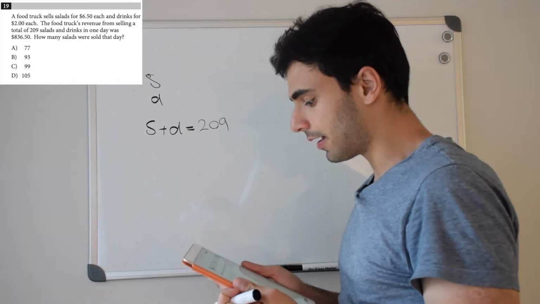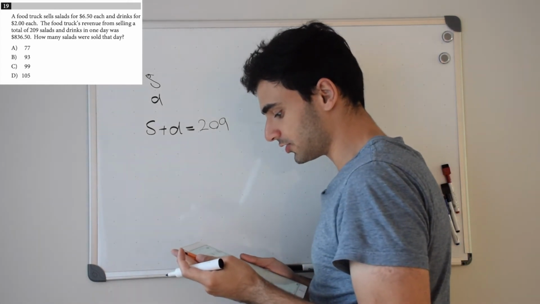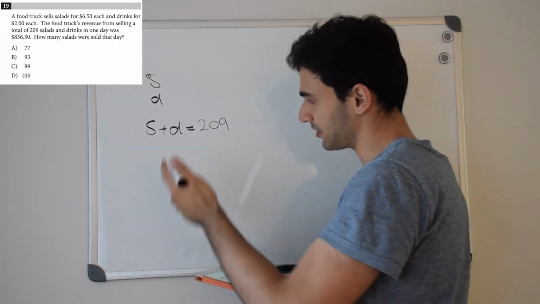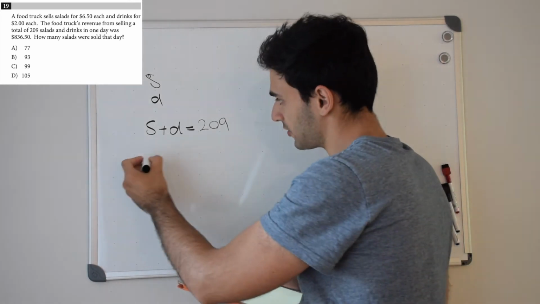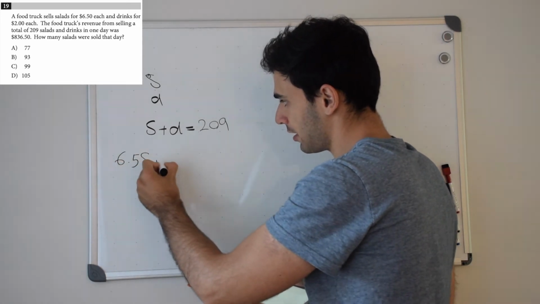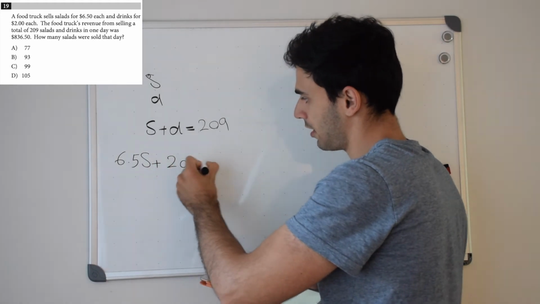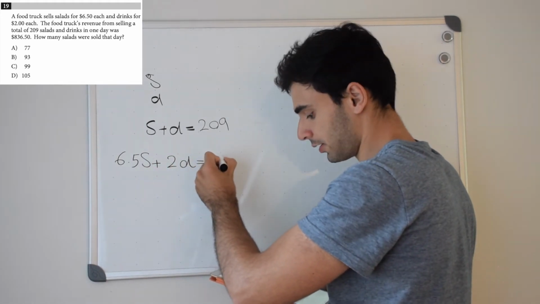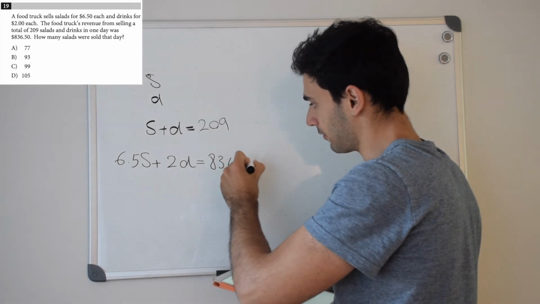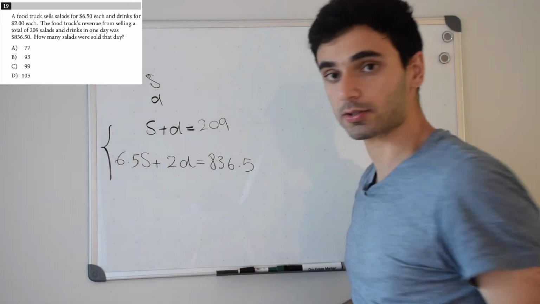Okay, and then I made $836.50 selling them. I sold salad for $6.50 and a drink for $2, and I made $836.50. We have two equations, two unknowns, we can solve it.